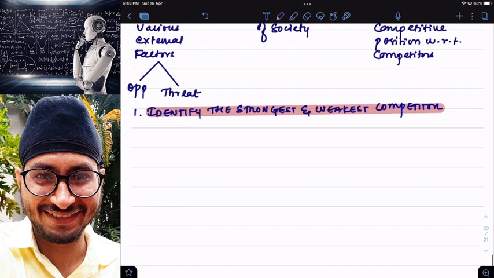In simple words, if I want to analyze my strongest and weakest competitor, I need to prepare what? A strategic group map. I need to prepare strategic group mapping. So if I want to identify the strongest and weakest competitors, I need to prepare a strategic group map.